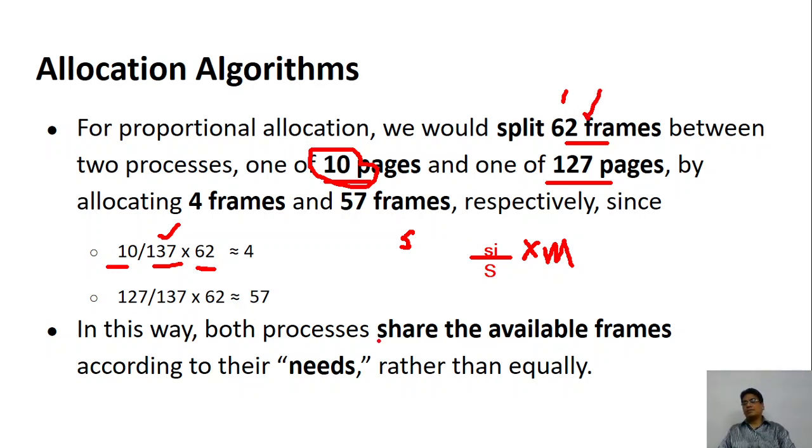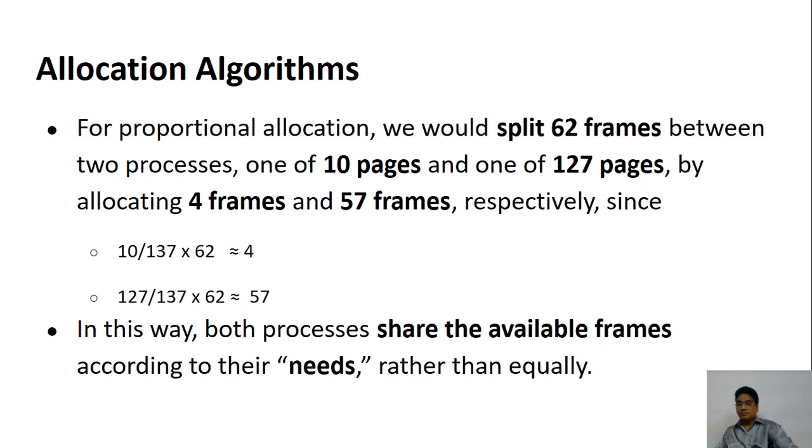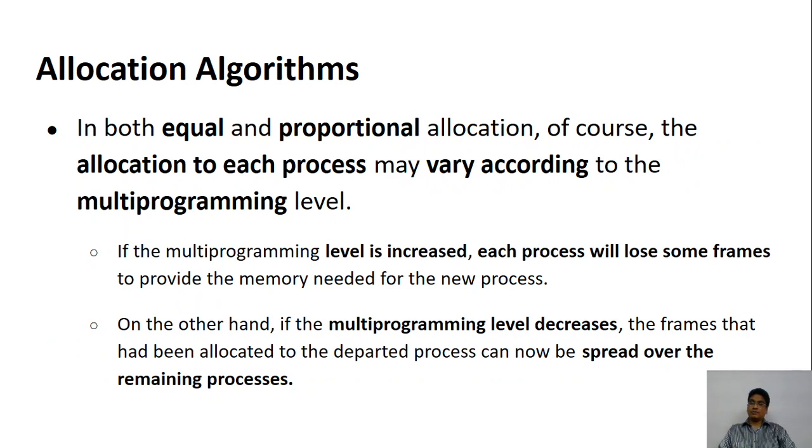So for one process you give 4 frames, the other process you give 57 pages. This way you share the frames as needed by the process rather than generously giving an additional number of frames, whether it is equal or proportional.